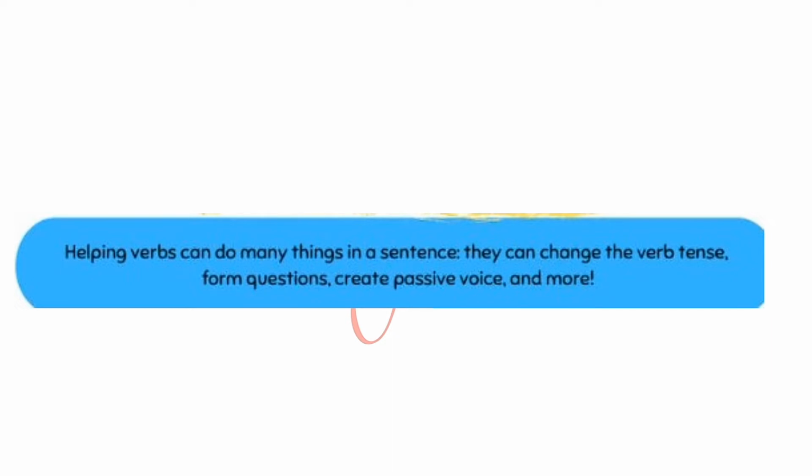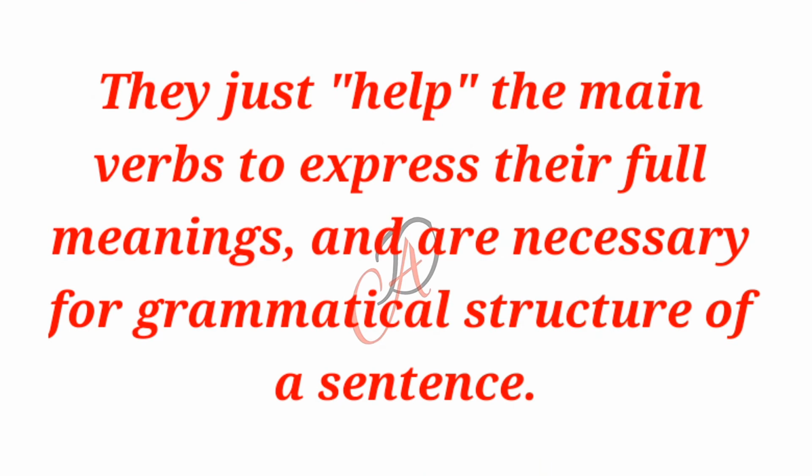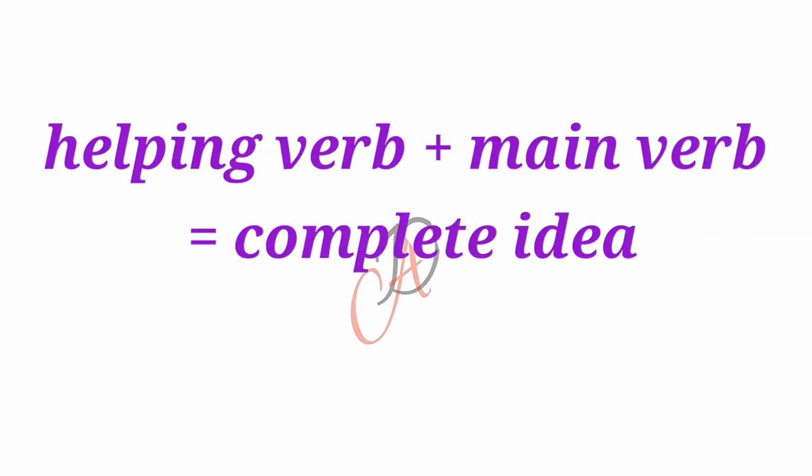The special characteristic of helping verbs is that they do not mean anything on their own and they just help the main verbs to express their full meanings and are necessary for the grammatical structure of a sentence. They are usually used with a main verb in a sentence to express an action or state, like helping verb plus main verb is equal to complete idea.